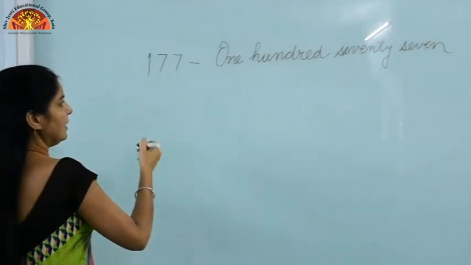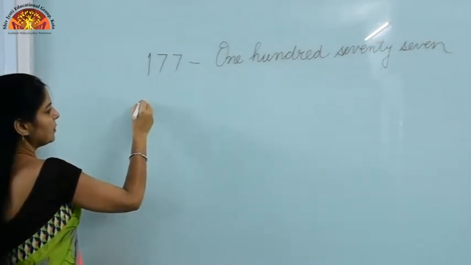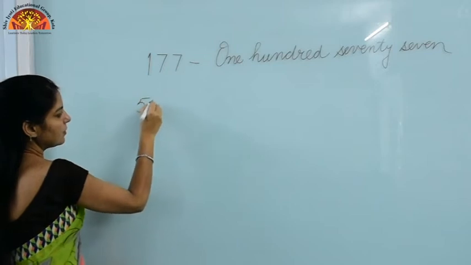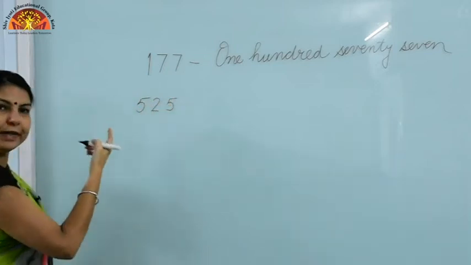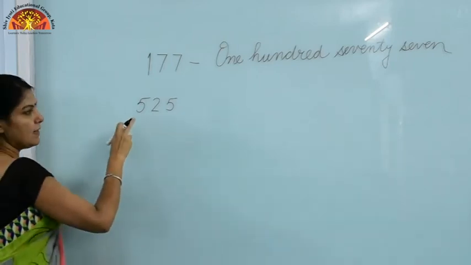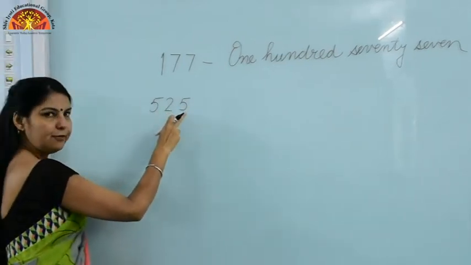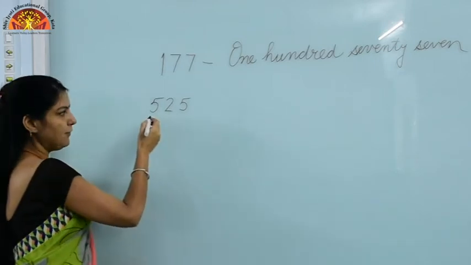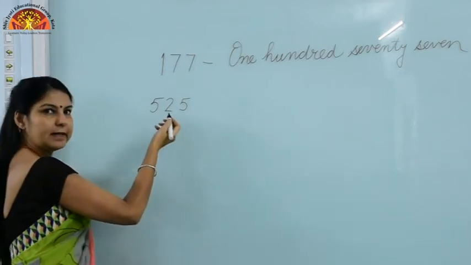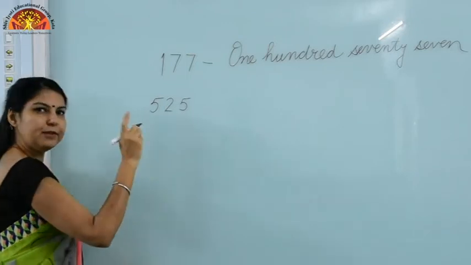Now let's take one more number. This is... Now how will we read it? We will read it as 525. You know why we are reading it like this? Because 5 is at hundreds place, 2 is at tens place and 5 again is at ones place.